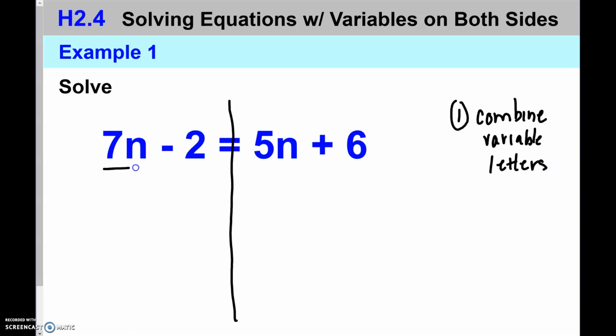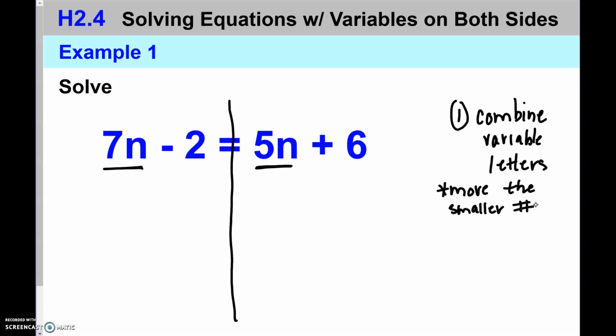So I see a 7N on one side and a 5N on the other side. What I typically do is move the smaller coefficient. 5 is smaller than 7, so I'm going to move the 5.